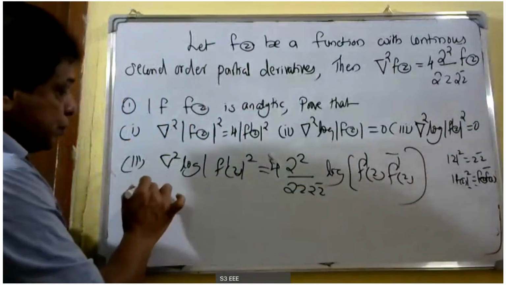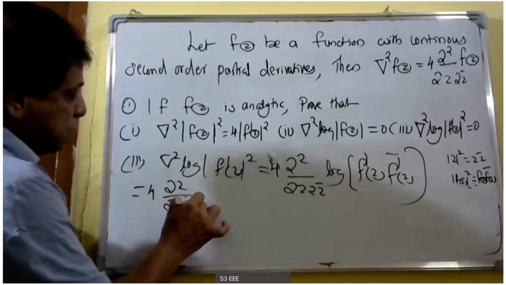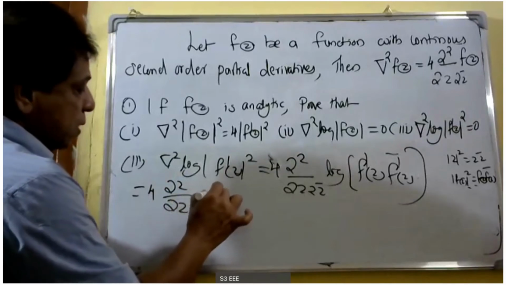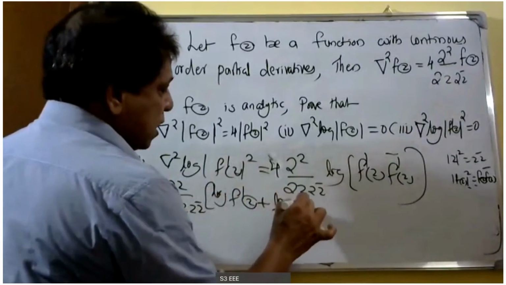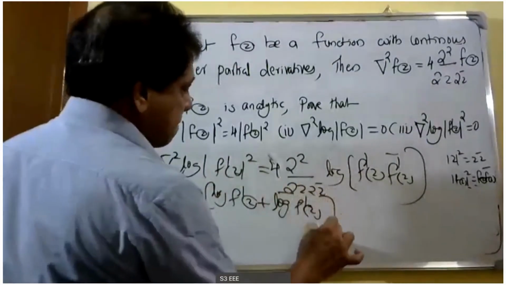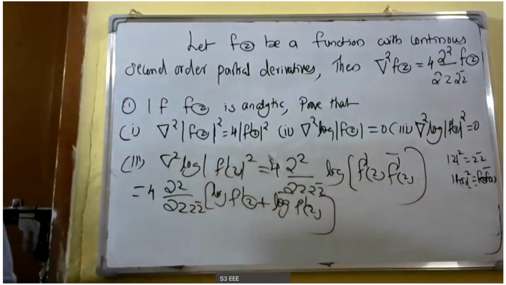That is equal to 4 into dou square by dou z into dou z bar of log f dash z plus log f dash z bar.